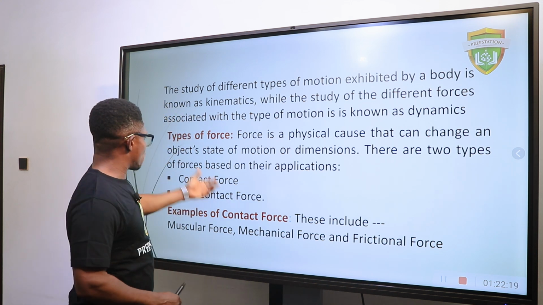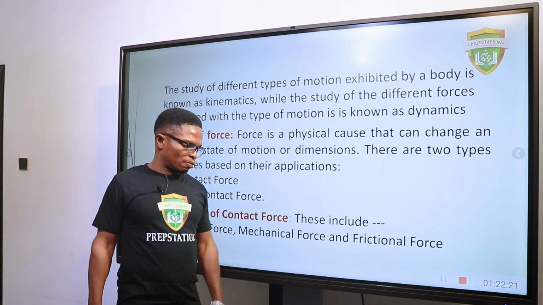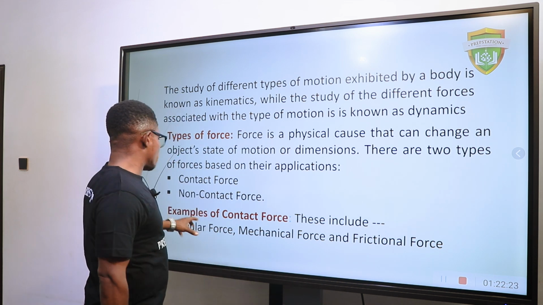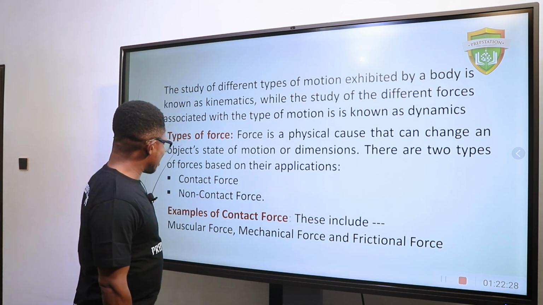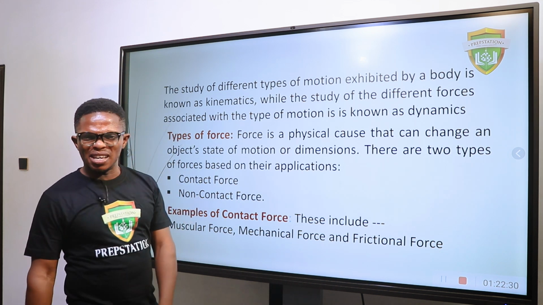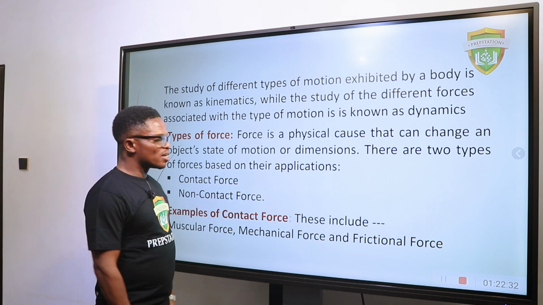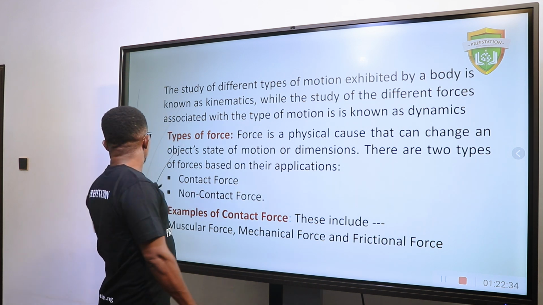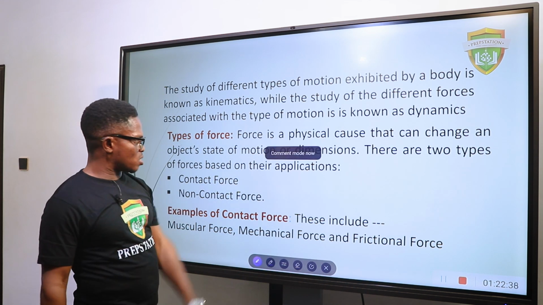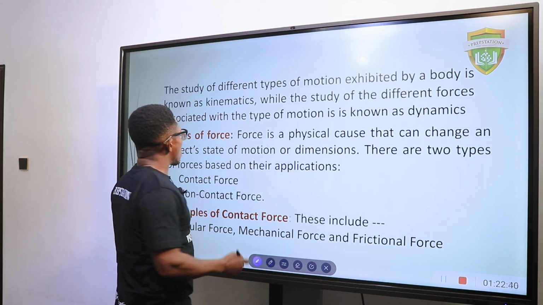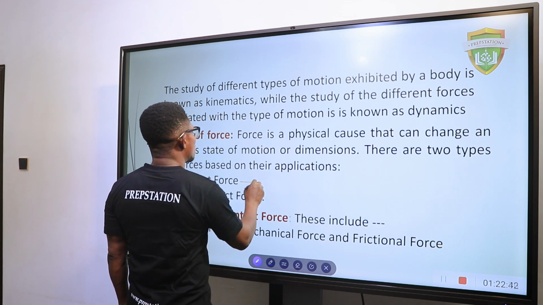There are two types of forces based on the application. Like I said before, you may see more than this on net, but we have just two based on the mode of application. Number one is called contact force. Contact force has to do with touch. There must be a touch with the object of application. So there must be what?